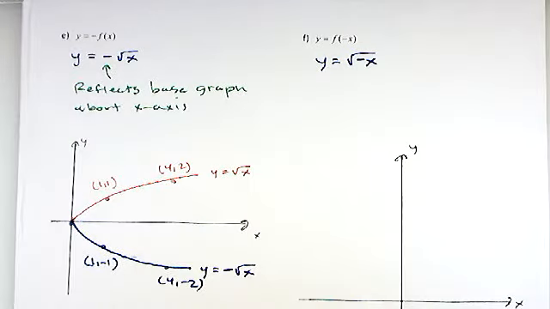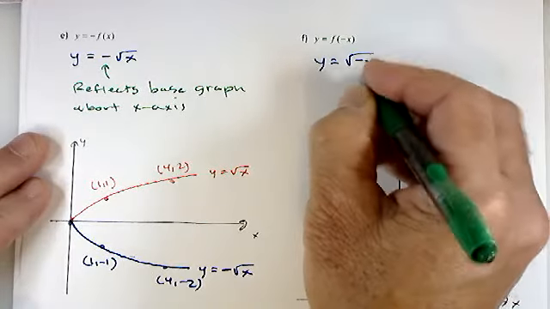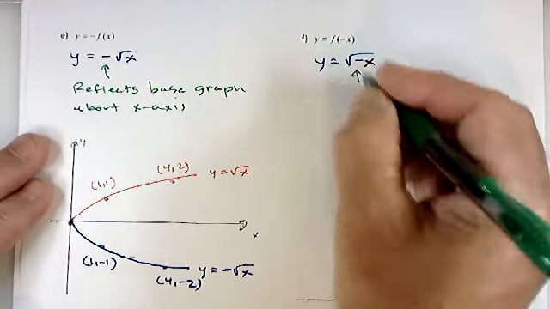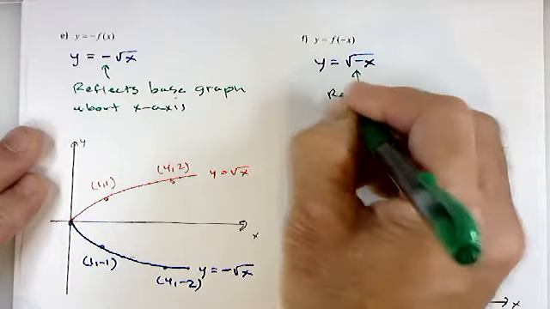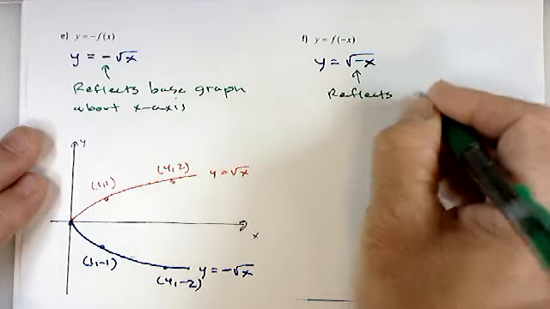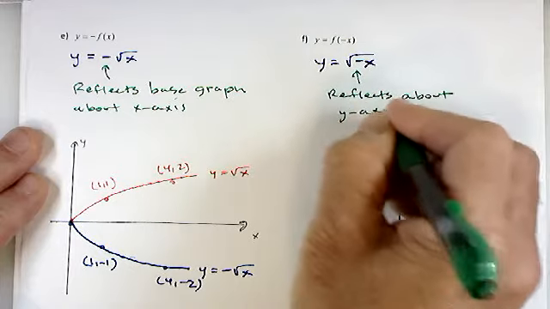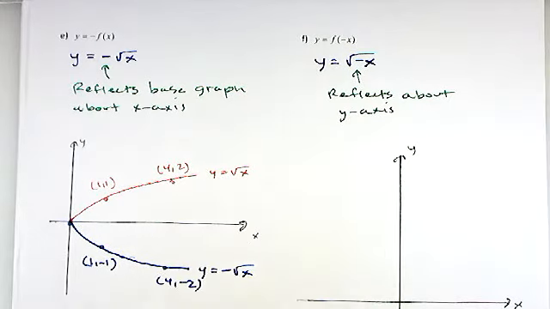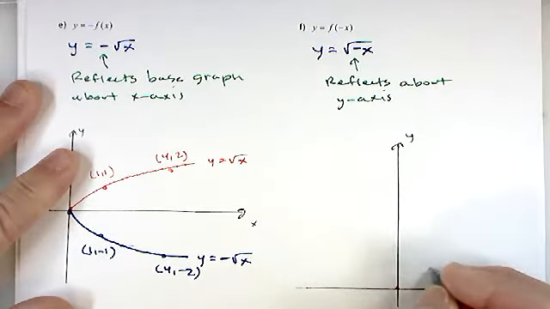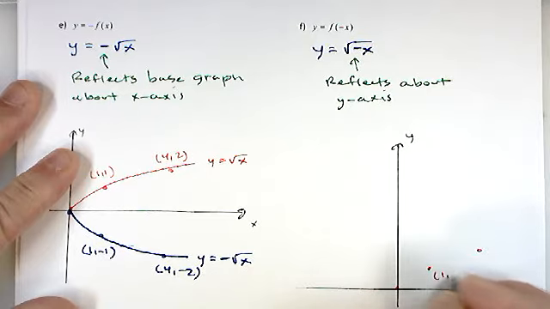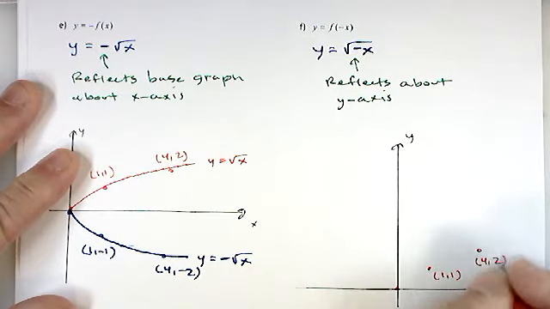Whereas this one, you probably already guessed it, this negative inside means it's going to reflect your graph around the y-axis. Reflects about the y-axis. And that's pretty easy to see if you think about plugging in points.